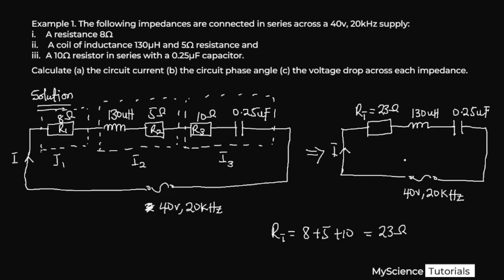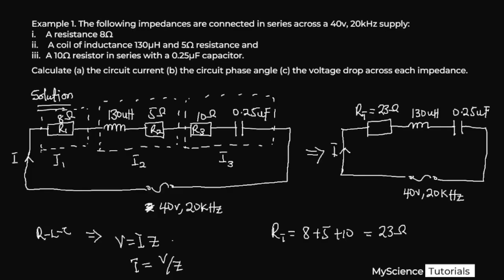The first thing we were asked to do is to find the circuit current. In this type of RLC circuit, we know that voltage is equal to current multiplied by impedance. If we make current the subject, we have voltage over impedance. We have our voltage, but we do not know our impedance. So the first thing we need to do is to find Z, our total impedance.